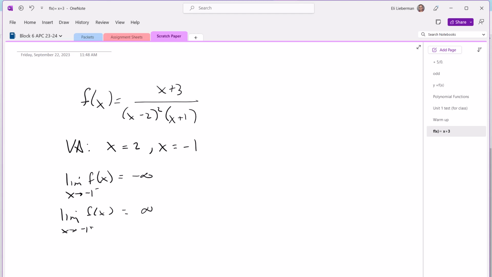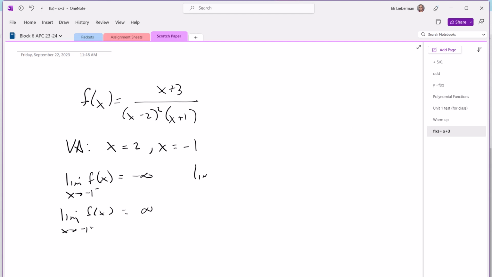So what's happening here is we have 2 on top, and then like 16, and then a 0.0000 in the denominator, which gets smaller and smaller as you approach -1 from the right. So there are tiny numbers in the denominators.